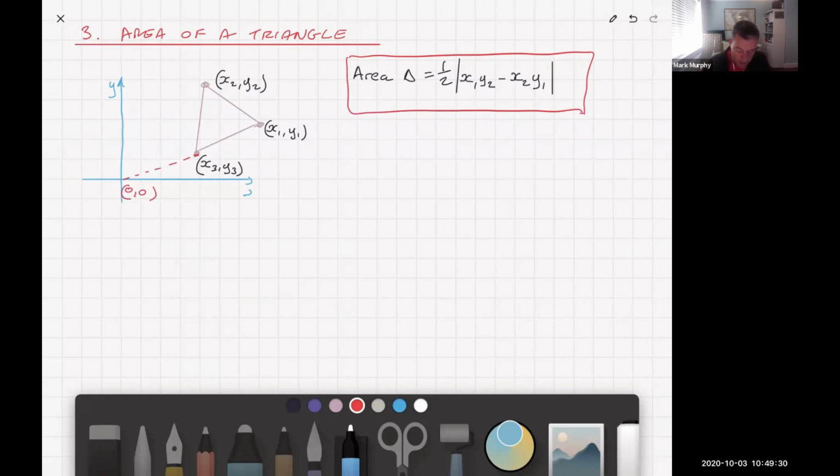So to finish off this equation, you should actually say the area of a triangle is that when the vertices are 0, 0, x1, y1, and x2, y2.